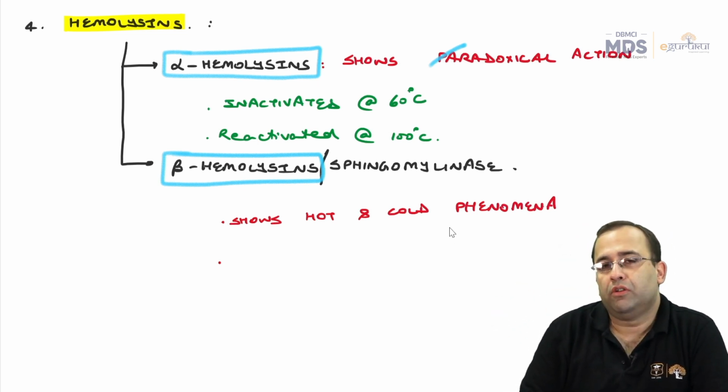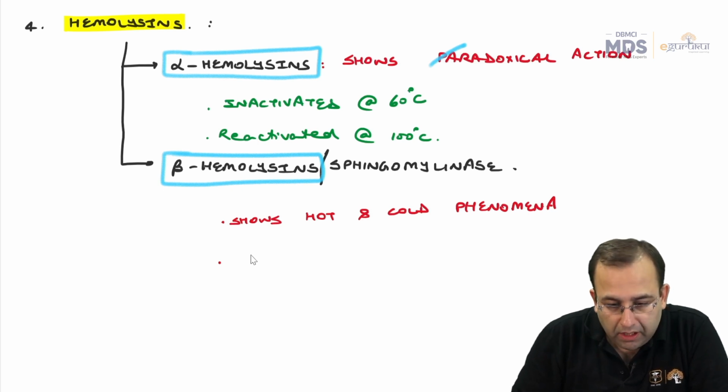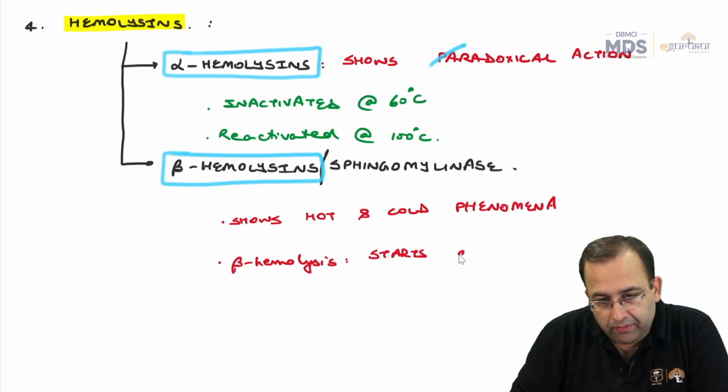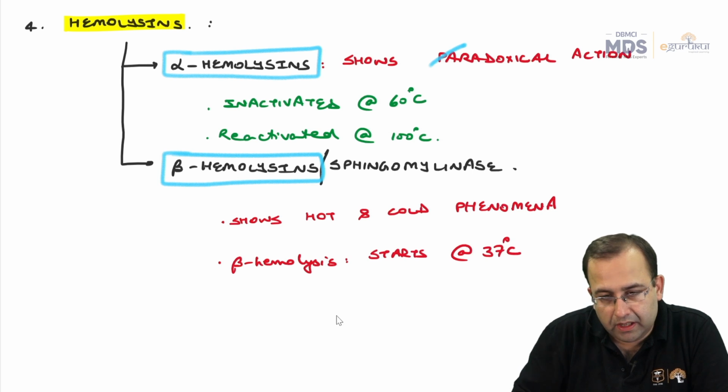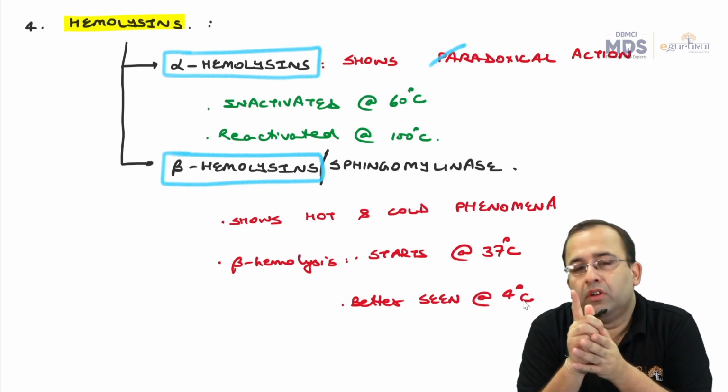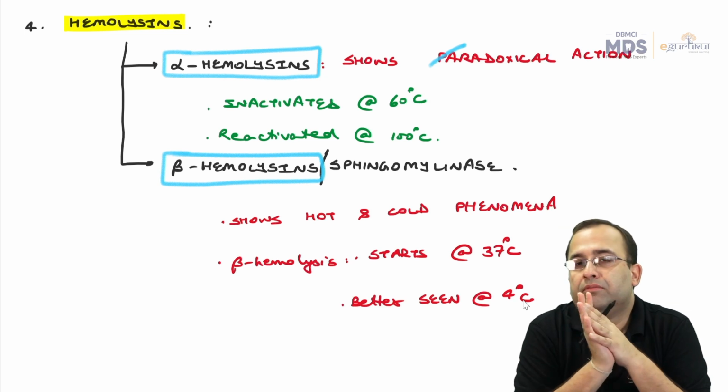Beta hemolysin shows hot and cold phenomena, meaning beta hemolysis starts at 37 degrees, but is better seen at 4 degrees Celsius. It shows hot and cold phenomena.